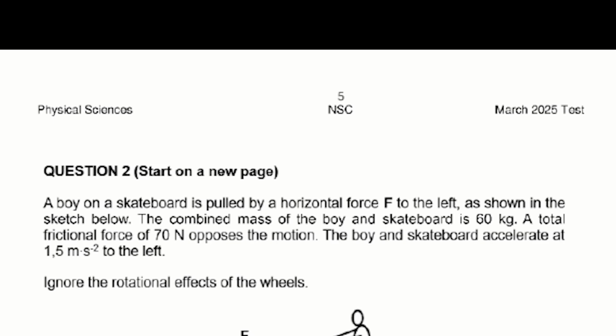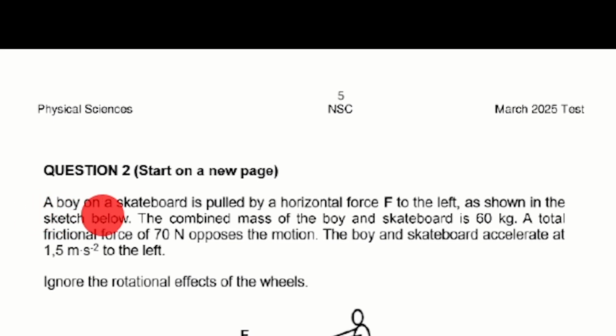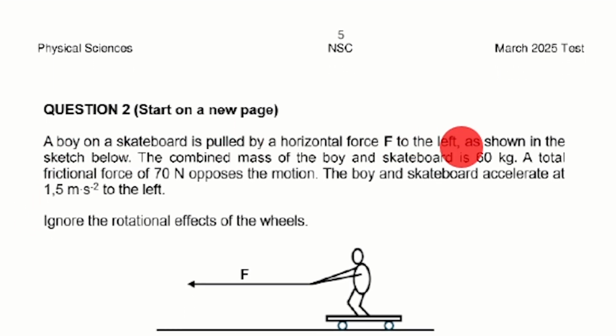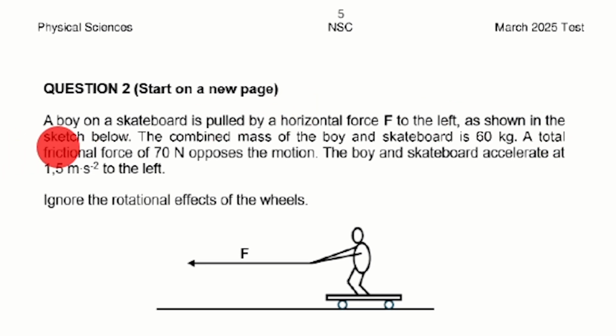So it says here, a boy on a skateboard is pulled by a horizontal force F to the left, as shown in the sketch below. The combined mass of the boy and the skateboard is 60 kilograms. A total frictional force of 70 newtons opposes the motion.